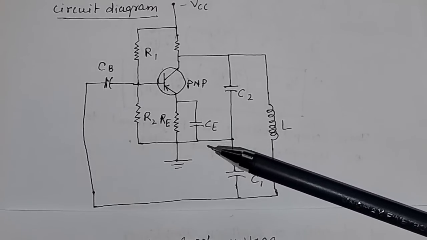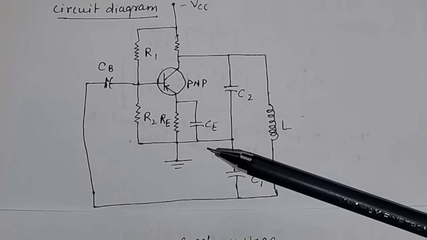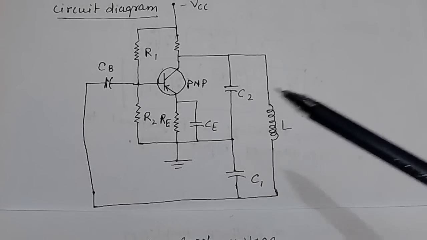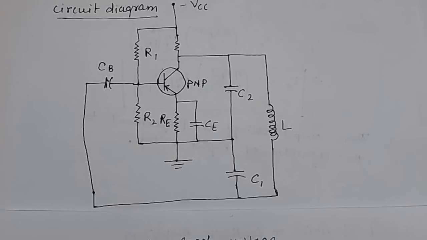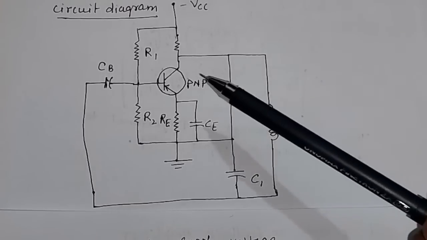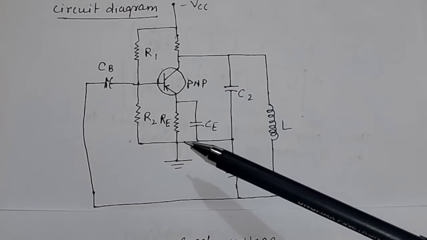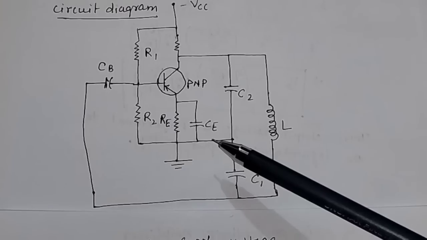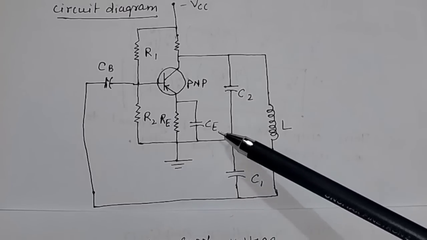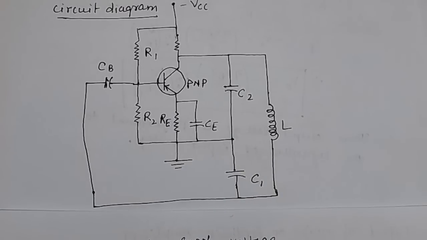In transistor biasing and stabilization, we specify the Q point, that is the operating point. That is why these resistors and capacitors are required. To know more about transistor biasing and stabilization, watch my previous video on biasing and stabilization.